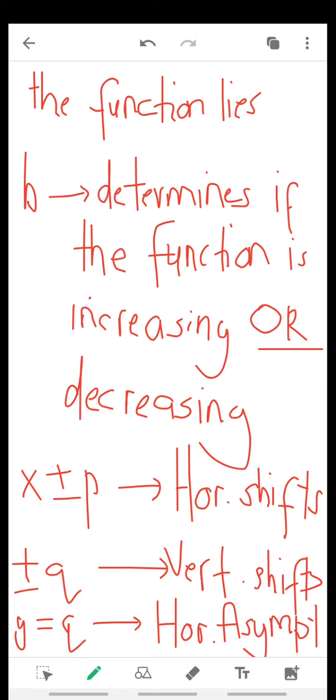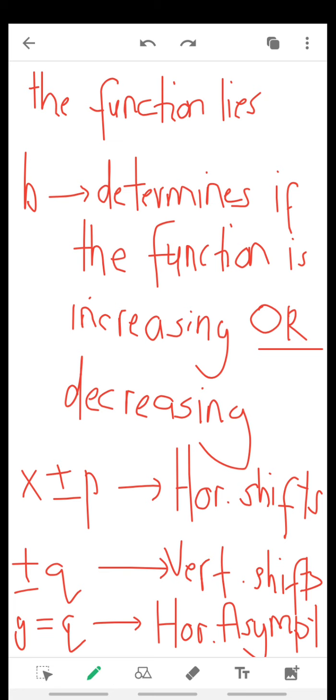Now let's go to b. What does b stand for? B determines if the function is increasing or decreasing. Remember, where we covered terminology as well as when we were dealing with our straight line function, we've spoken about an increasing function and a decreasing function, where we said if a function is increasing, then that means as the x values are getting bigger, also the y values are getting bigger.